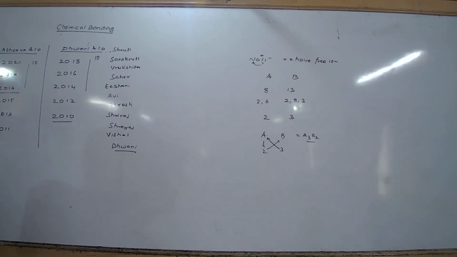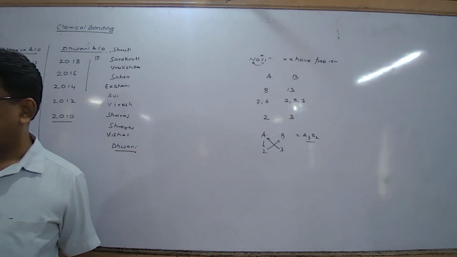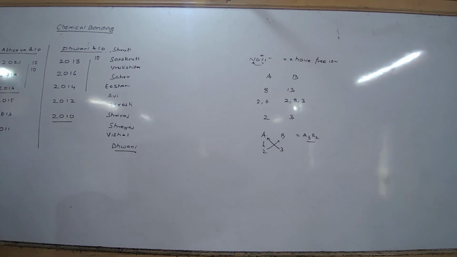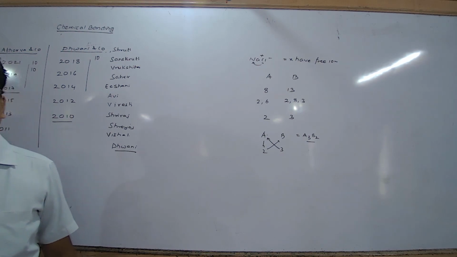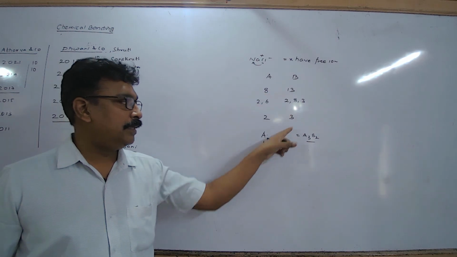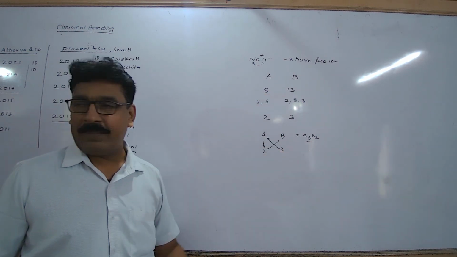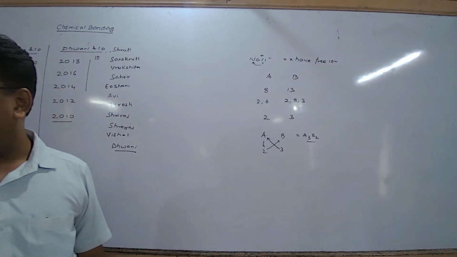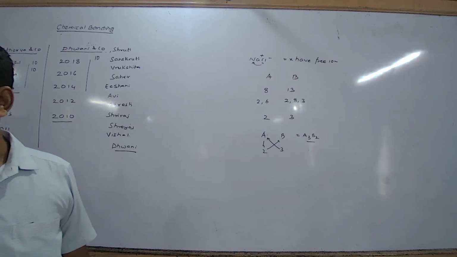B2 A3. सर ये तो एल्युमिनियम ऑक्साइड है ना. Al2 O3. इसकी वैलेंसी कितनी है? 2 है ना, और इसकी वैलेंसी 3 है. तो यहाँ पे क्रॉस करेंगे तो A3 B2 हो गया ना, या B2 A3.